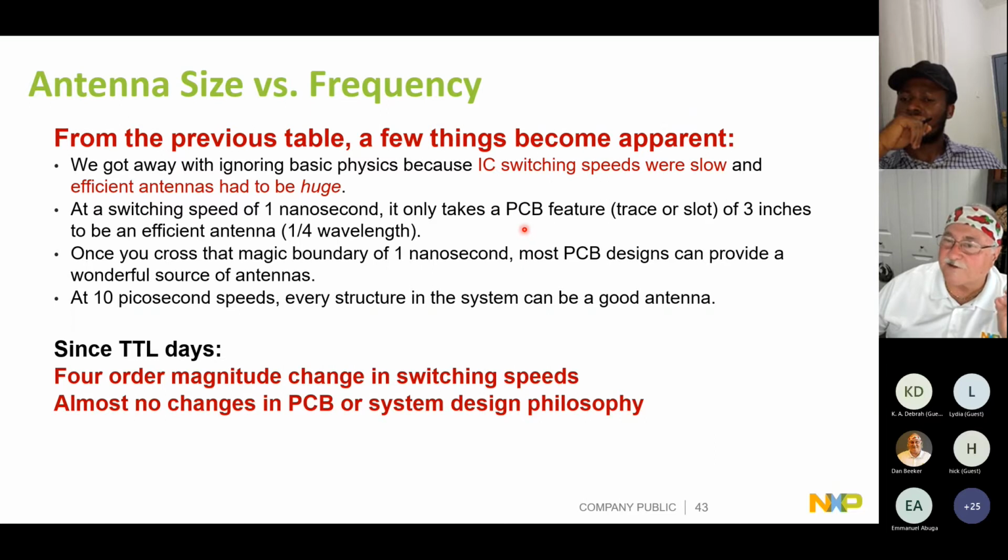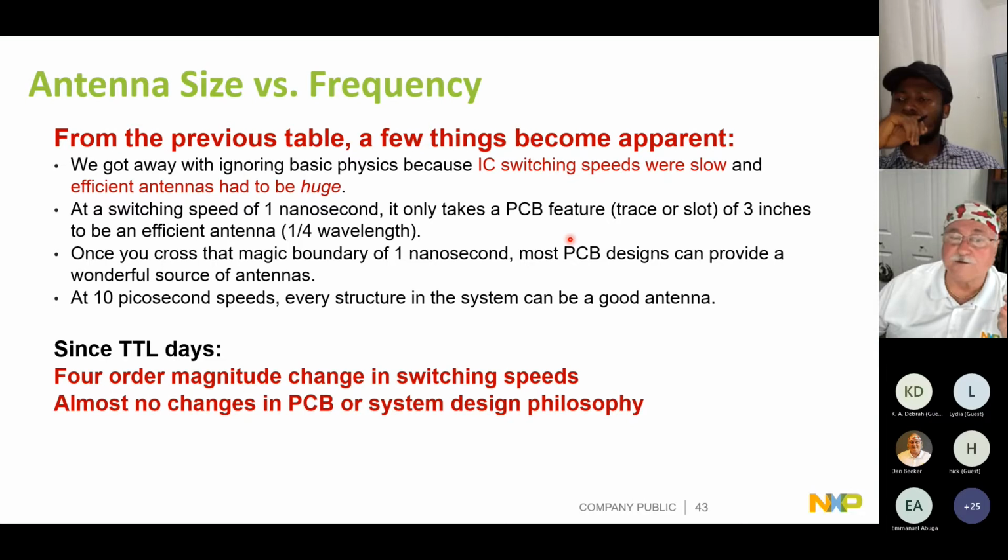So if something's 1,000 times faster, the antenna is 1,000 times shorter. And we moved into this whole world without paying any attention to the impact on these switching events and the printed circuit boards. So suddenly we went from where the switch was so large that nothing was big enough to care to where the switches are so fast that everything is important.